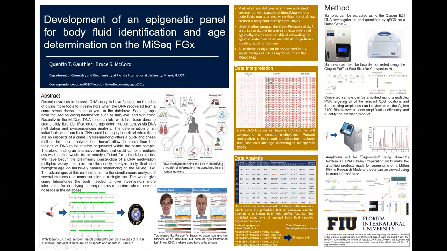And at the CpG sites, these DNA methylation sites that are helping us to determine either body fluid or age, we're going to see this ratio of thymine and cytosine. And so we're going to be able to determine the percent methylation at that location based off of the number of cytosines over the total number of reads for that sample at that location. From there, we're able to go on to data analysis.